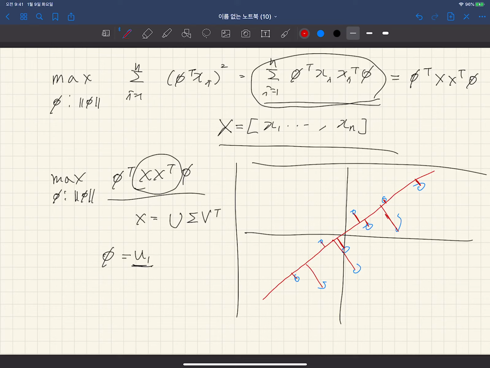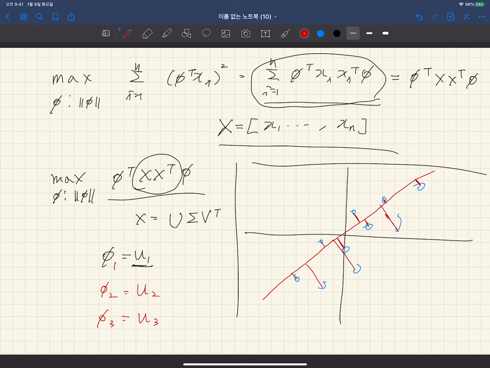But don't worry, once you find the singular value decomposition of your data matrix X, then what is the second principal component? This is the second singular vector. What is the third principal component? This is the third singular vector.